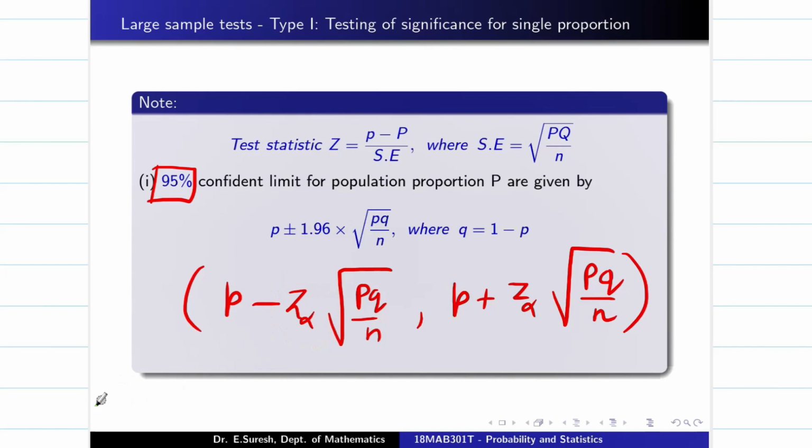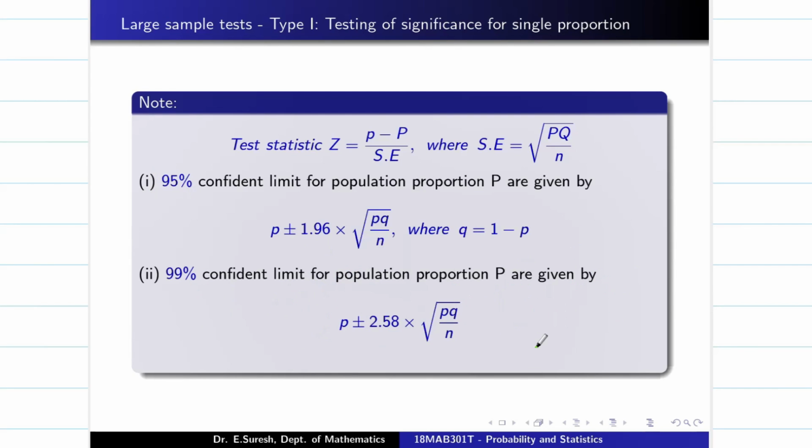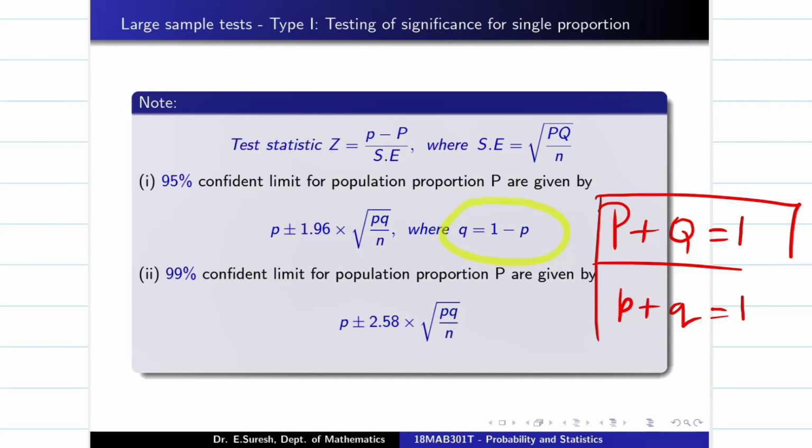What is your Z alpha value? If it is 5%, I can use 1.96. If it is 1%, I can use 2.58. You can see the table now. That's it, guys. Capital P, small p, everything is the same. In the case of finding Q, either if you take this, or if you take like this, both are the same. We have the same concept. You can find small q and capital Q.